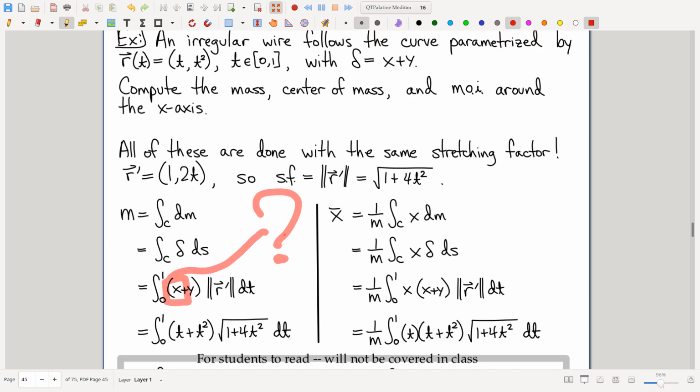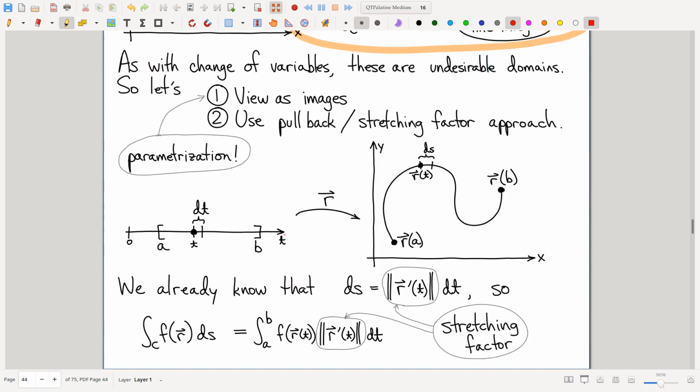The answer to that question comes from the previous page. Remember, the variables x and y that you start with are the outputs from whatever function you're pulling back through. When we were doing change of variables, you pulled back through a change of variables function, and it explicitly tells you x and y as functions of your pullback parameters. Here, we're pulling back through the parameterization.